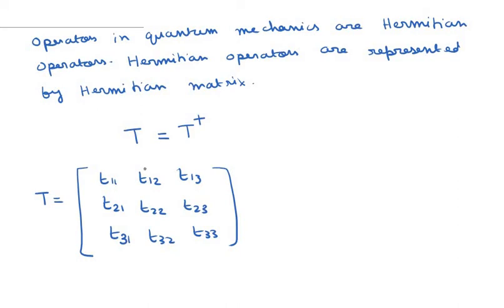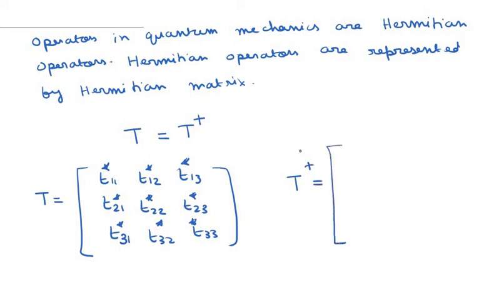If we take the complex conjugate of all the elements, then this becomes star everywhere, and then we take the transpose. When we take the transpose, we convert the rows into columns, or the columns into rows.